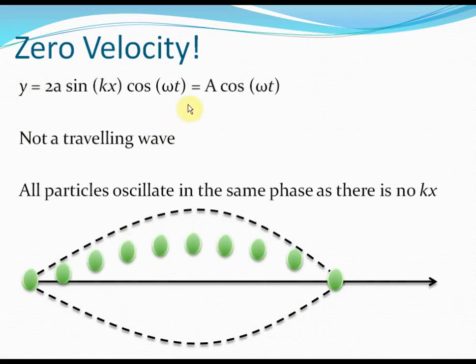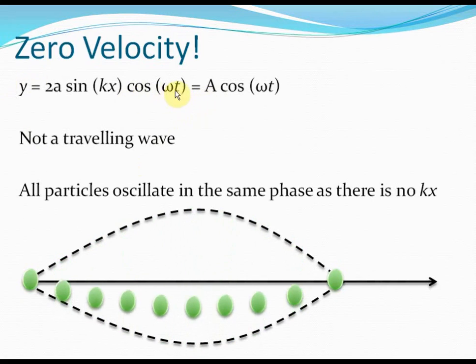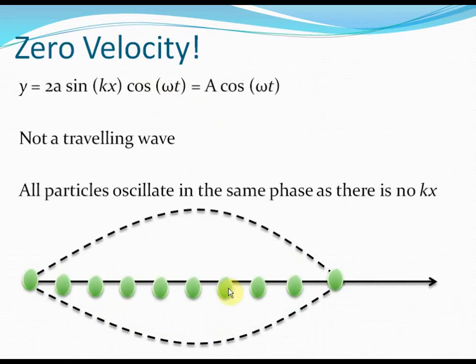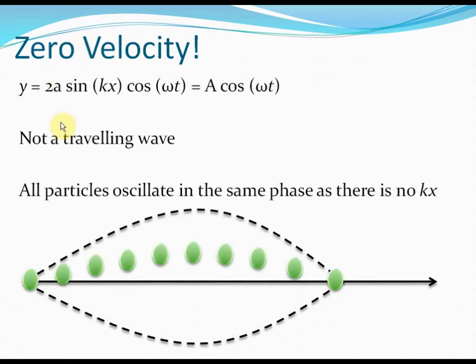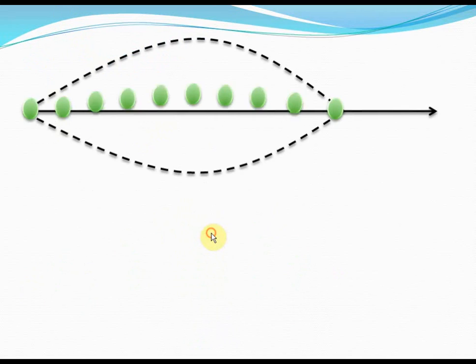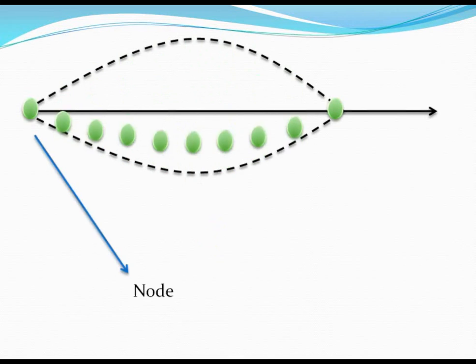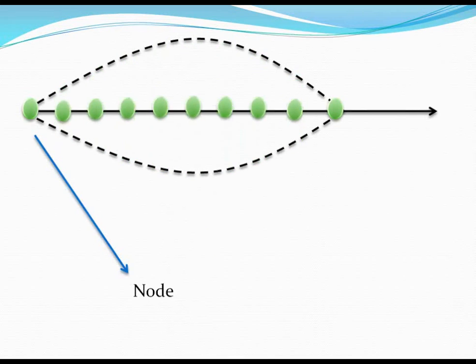Here in this case of 2a sin kx cos omega t, all the particles are exactly in the same phase because there is no kx term. However, the amplitude is varying. Take a look again. One interesting point to note here is that this particle at the end is not moving. Why?